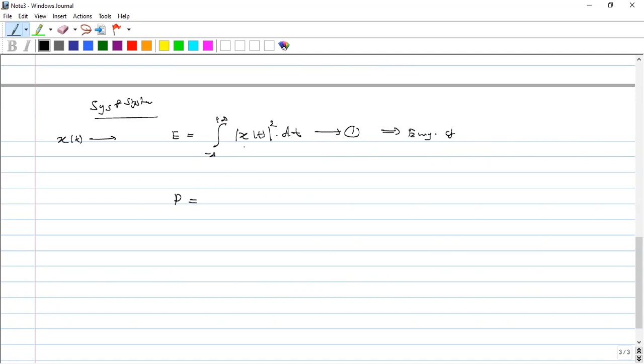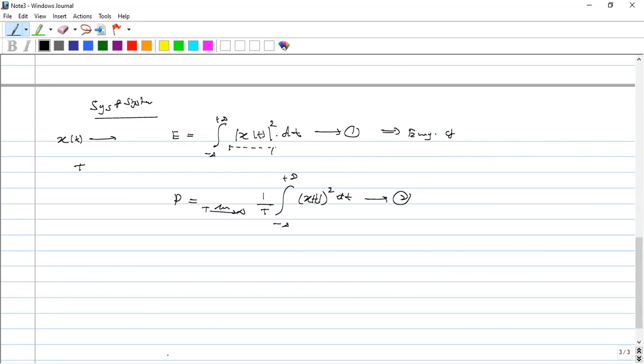So to evaluate power, you have to consider the time duration of that x(t). Let's say we take T as the time duration. So we get it like this: the limit as T goes to infinity of 1 by T times the integral from minus infinity to plus infinity of x(t) squared dt. This is the power of the signal.